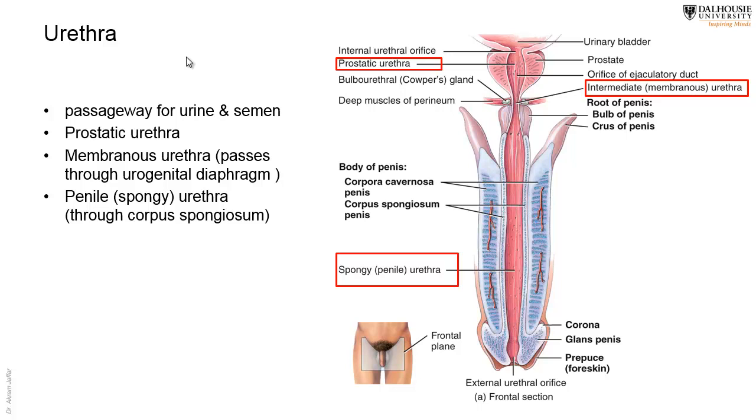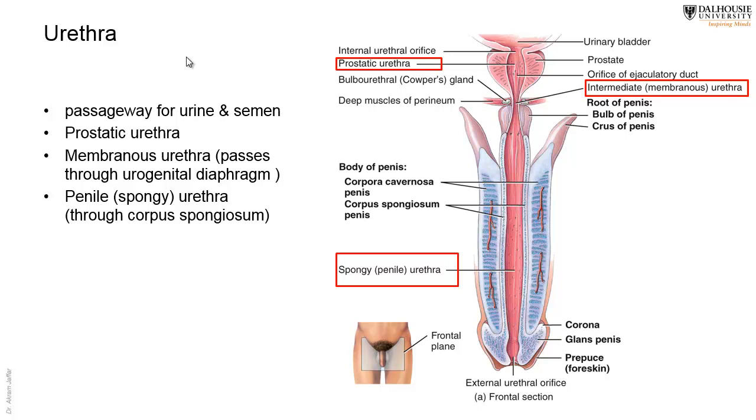Now, the urethra is the common passageway for the semen and for the urine. And it has three parts. Here's the prostate. In the prostate, it is the widest part of the urethra. It's called the prostatic urethra. And then it passes through the urogenital diaphragm here at the floor of the pelvis, and it's called the membranous urethra.